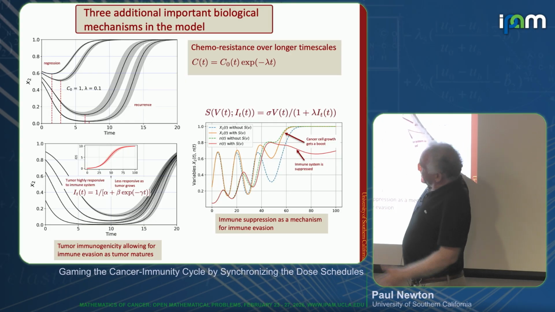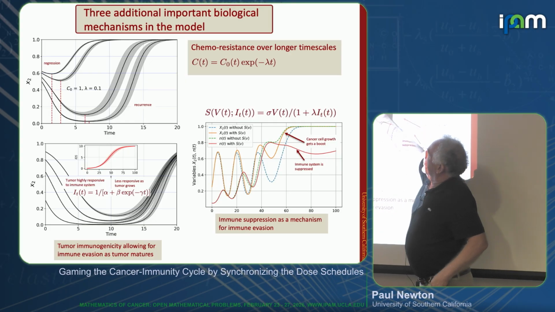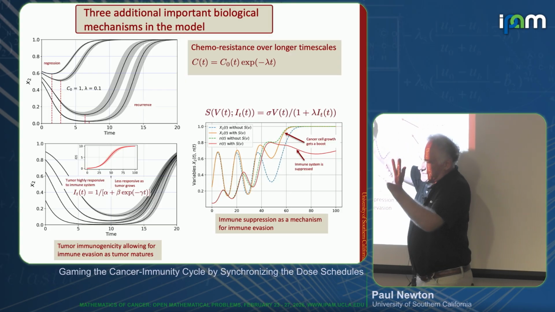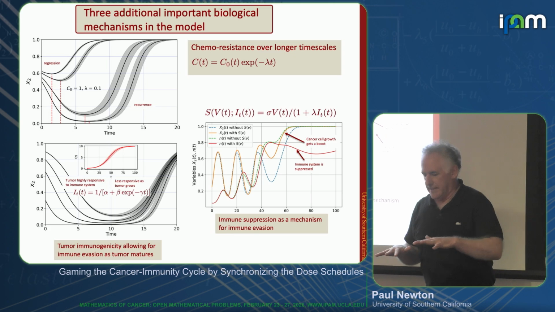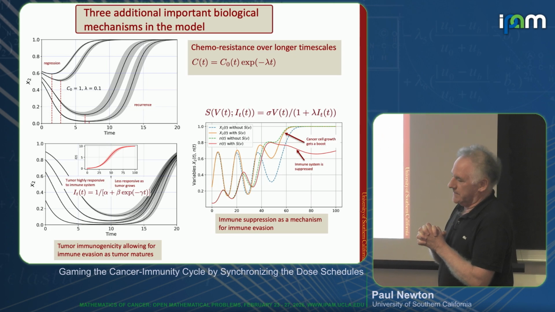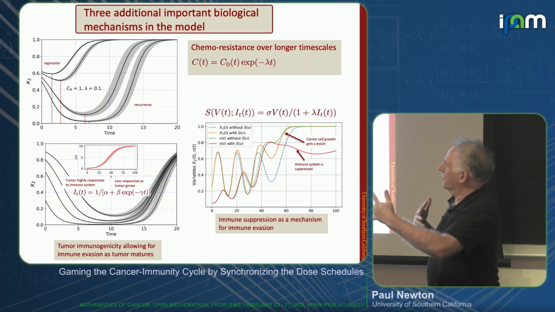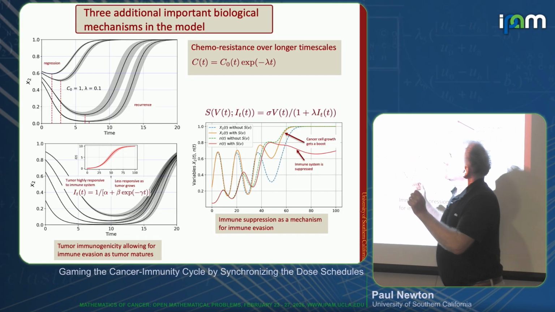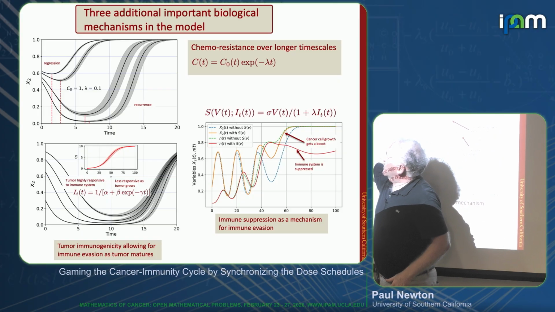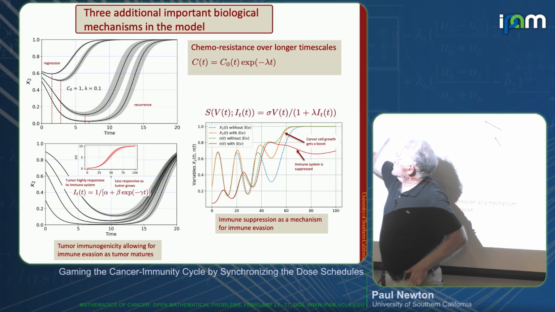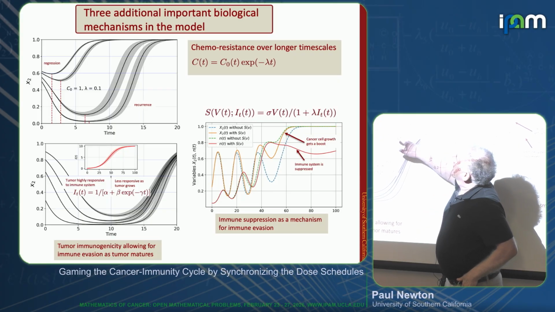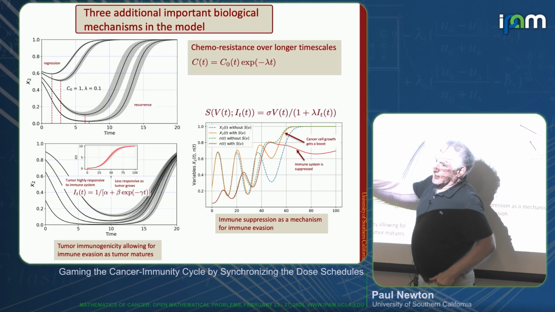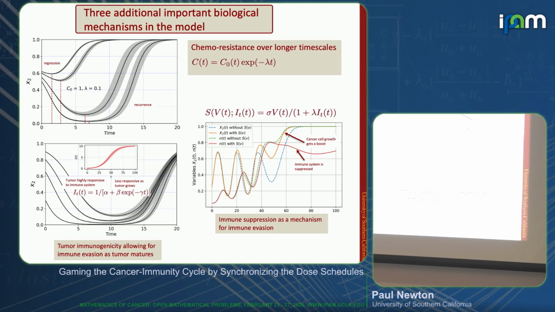The way we do that in this particular model is our chemotherapy function, the effective chemotherapy, decays exponentially, which is one simple way of saying that the tumor cells become more resistant to the chemotherapy over long times. And so that's an immune escape mechanism, one of the many known immune escape mechanisms. Here is an example of this. This is the cancer cell population as a function of longer times. The tumor shrinks because of the chemotherapy, and then it becomes resistant and regrows.